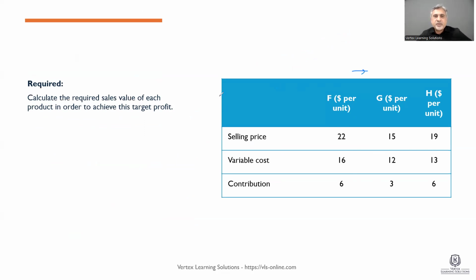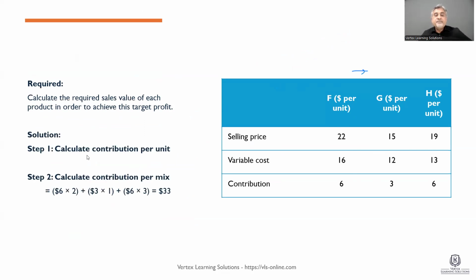This is the contribution per unit, and the mix is actually 2 units of F, 1 unit of G, and 3 units of H. So 6 times 2 plus 3 times 1 plus 6 times 3. So 33 is your contribution from the mix. So every time you sell this one set of 2, 1, and 3 units of F, G, and H, you make $33. So I got my contribution mix here.